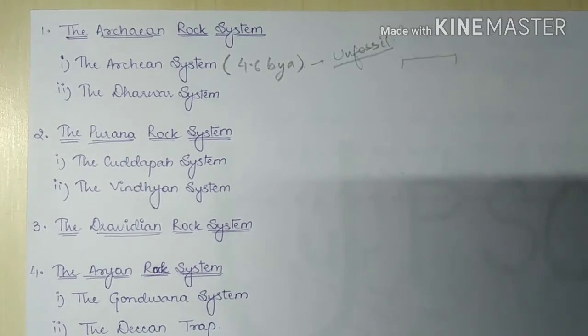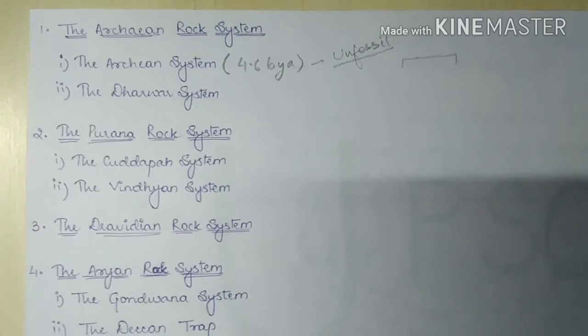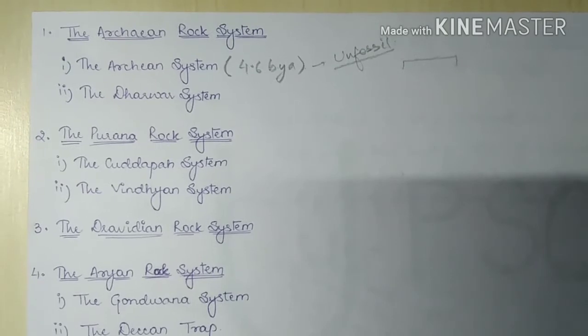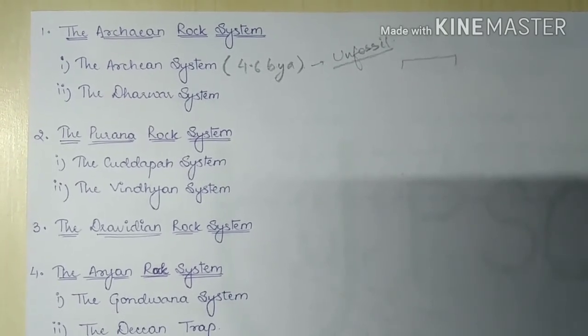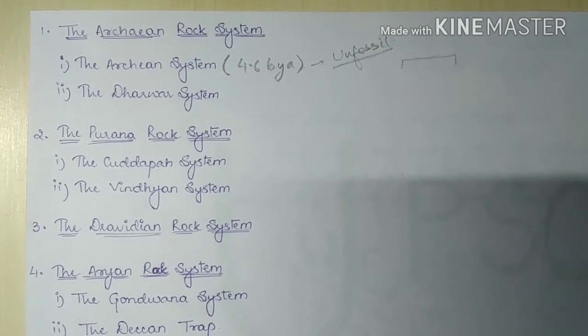Now in the peninsular region, the Archean rocks are known to be in three well-defined types. First is the Bengal gneiss, then we have Bundelkhand gneiss, which is the ancient one, and lastly we have the Nilgiri.